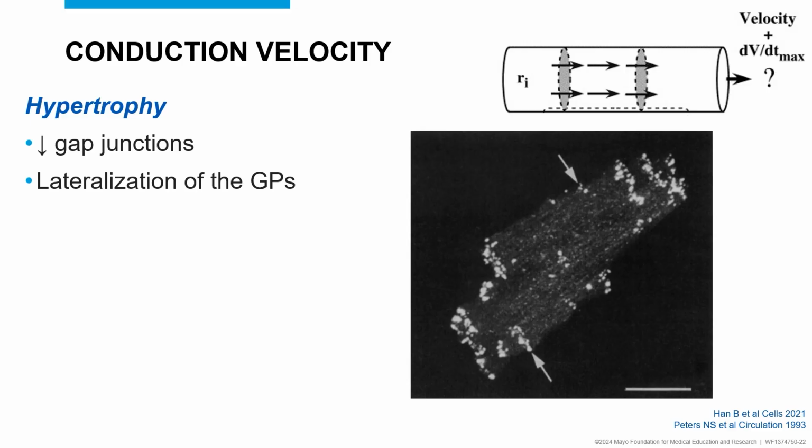No longer is it a clear conduction with rapid velocity. You've got conduction going in multiple different ways, facilitated by this lateralization of gap junctions in pathology.